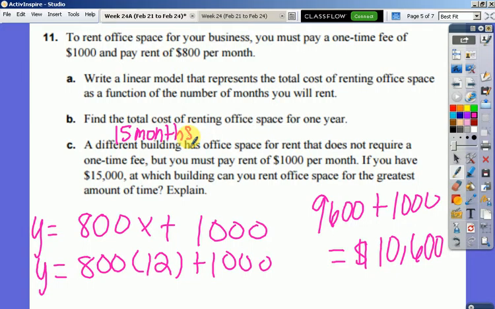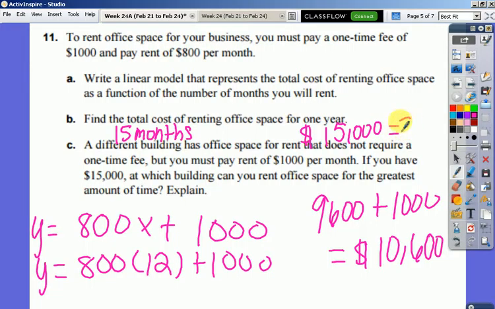How do I figure out how many months I can rent the first office for? What does y stand for? Yeah, total cost. Exactly. I know that my total cost is going to be how much? How much do I have to spend? 15,000, right?